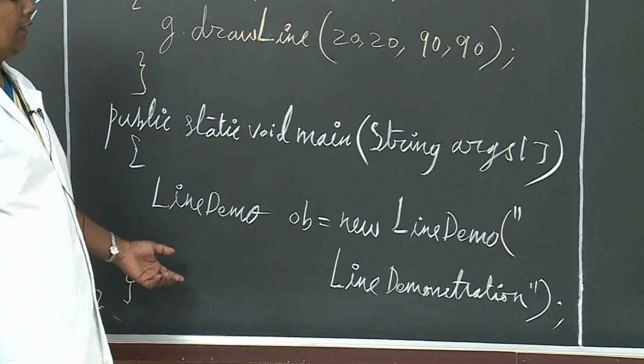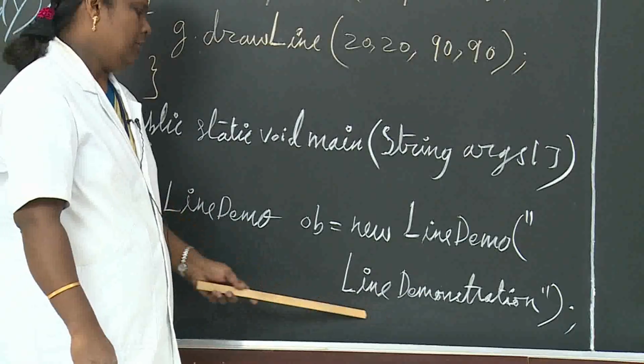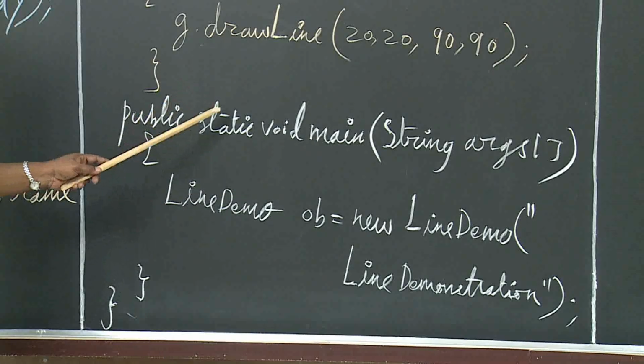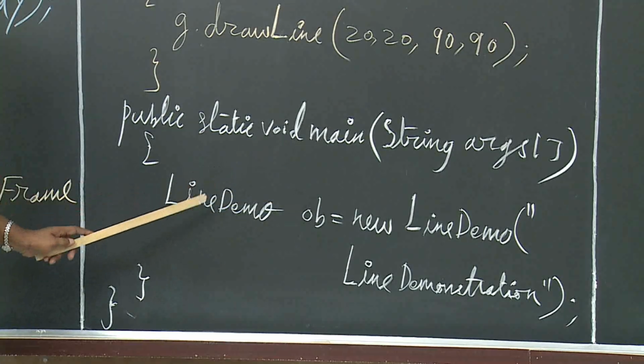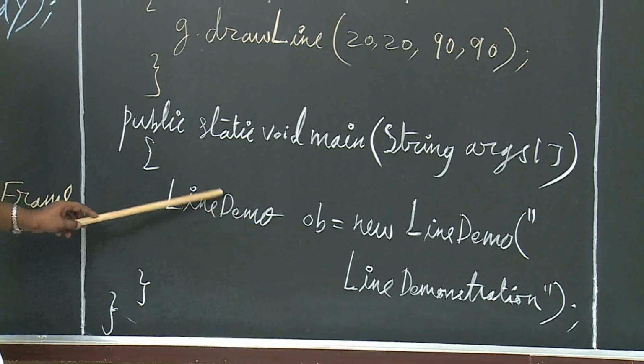So while displaying the line, the line name is also going to be displayed over the frame. We'll see the demo for the same. Within main I have created the object of this class. This is the main execution of this program.